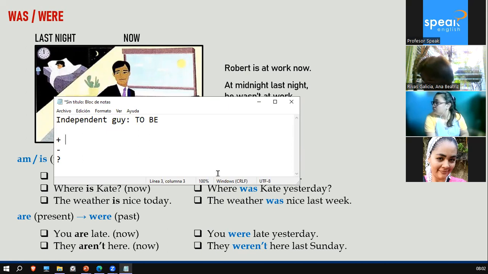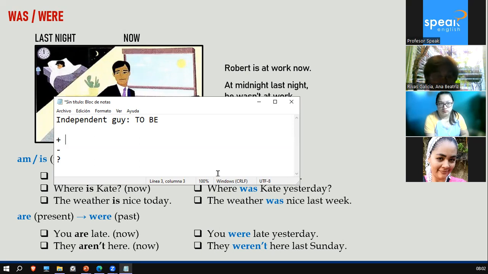But when we move to past simple, for the rest of the verbs it is different, because we need didn't and did for negative sentences and questions.